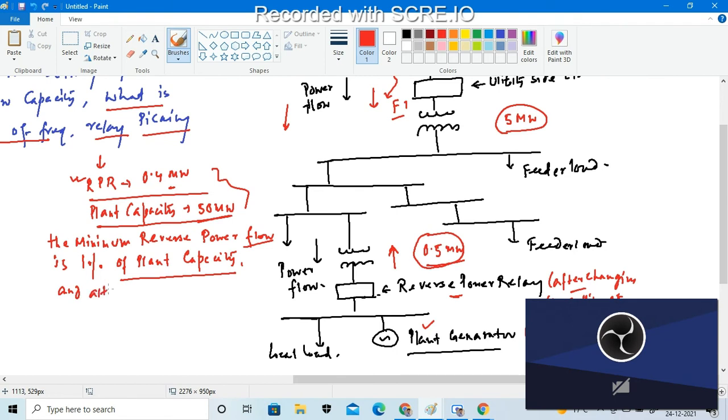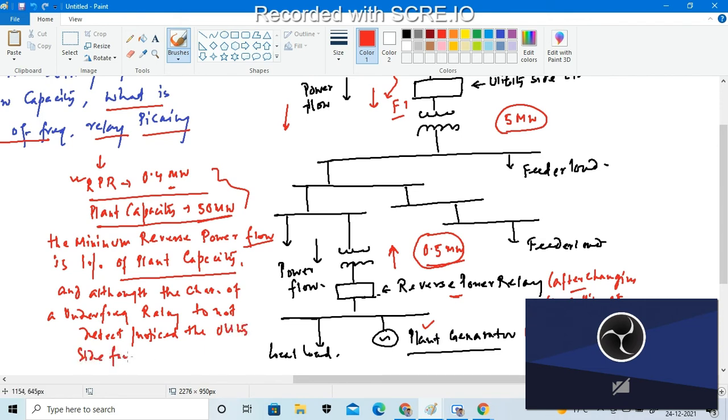And although this is the characteristic of an under frequency relay, it will not detect or notice the utility side fault.